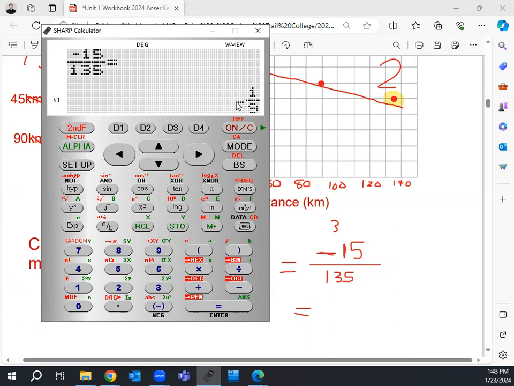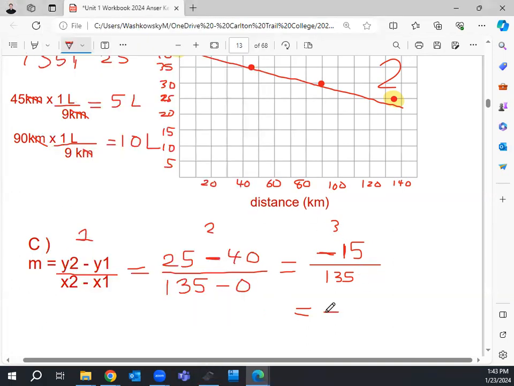It's just transferring that negative from the 15 to the actual full equation. So if I simplify this, I can see the whole thing is negative 1/9. The slope is negative and the slope is 1/9. So you're noticing that I've actually moved this little negative here.